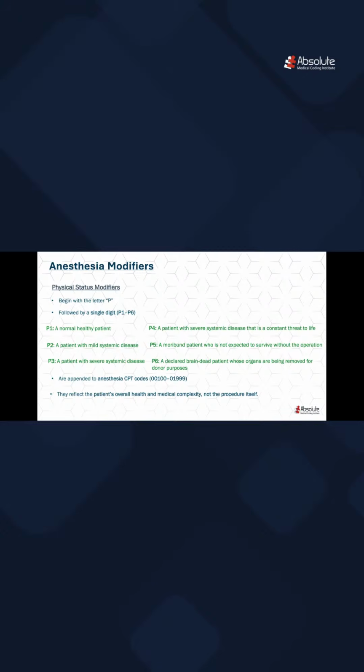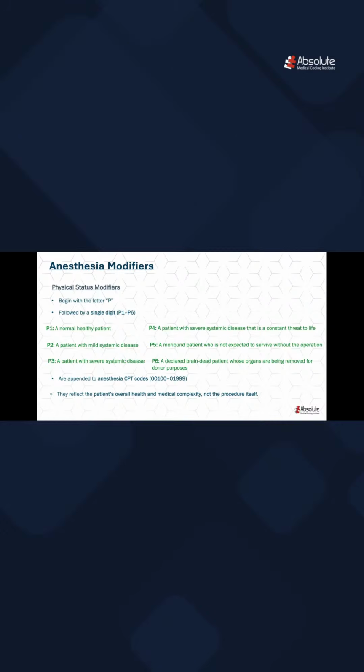Now P1 represents a normal healthy patient, no systemic disease, no complication. It's a straightforward case. And P2 means the patient has a mild systemic disease, something like controlled hypertension or controlled diabetes, nothing life threatening, but not totally healthy either.